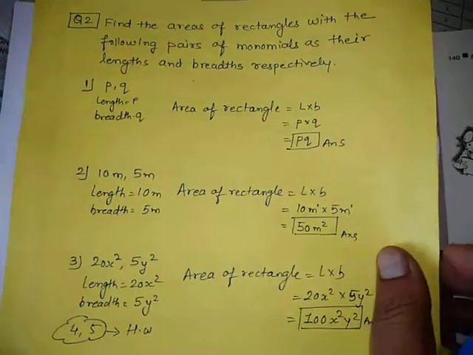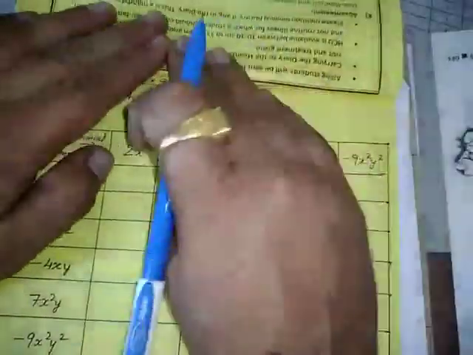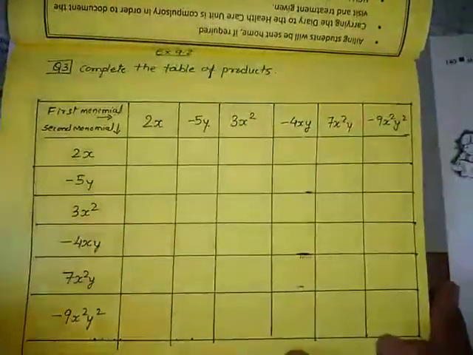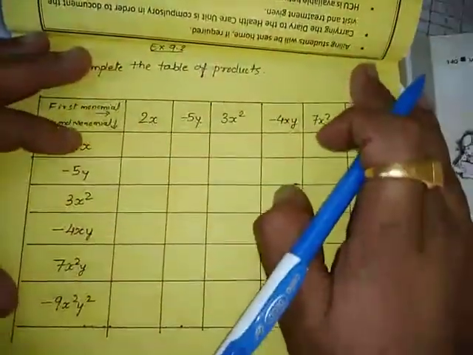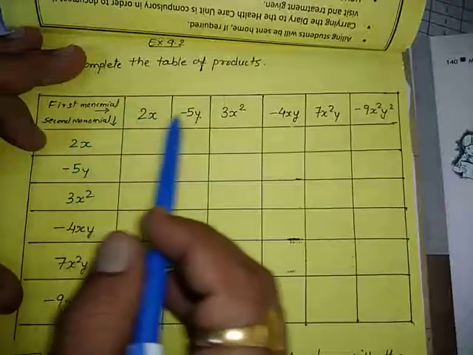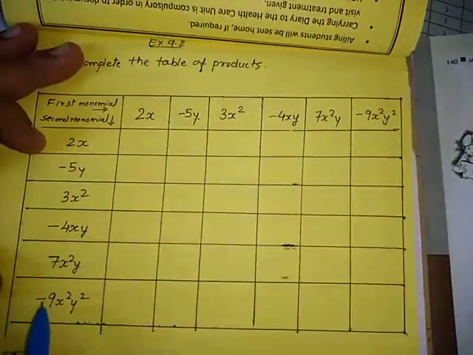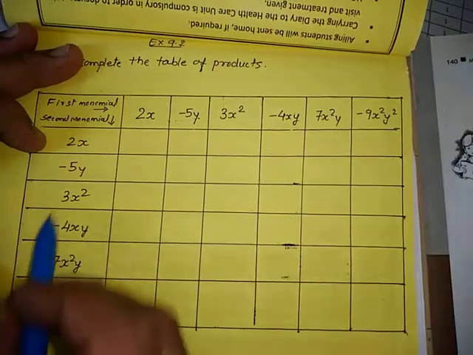Here in this question number 3, they have given us a table in tabular form. We need to solve this. So first monomials are given here, and here also monomials, horizontal and vertical two rows are given.